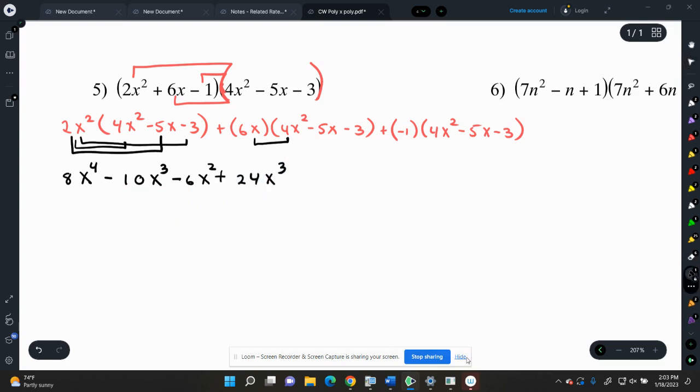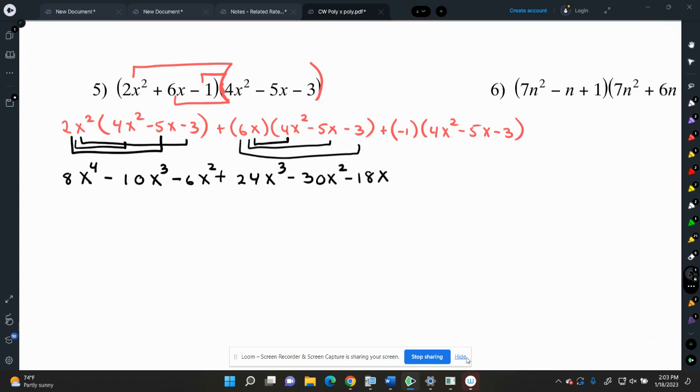So now we've got 6x times negative 5x, so that's negative 30x squared. And then 6x times negative 3 is negative 18x. Okay, and we're going to keep going.